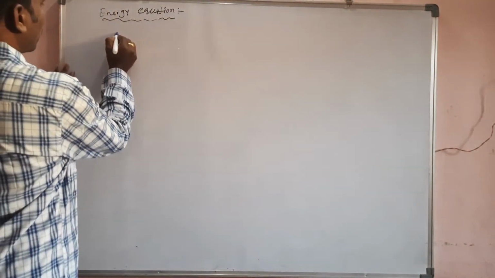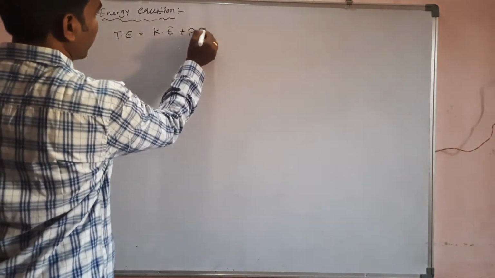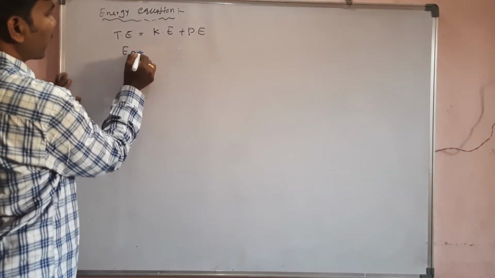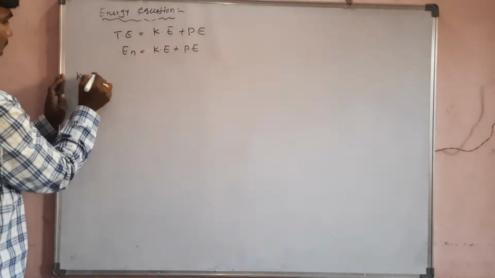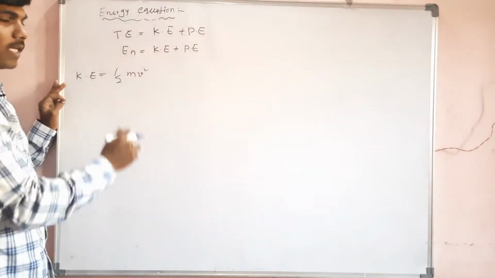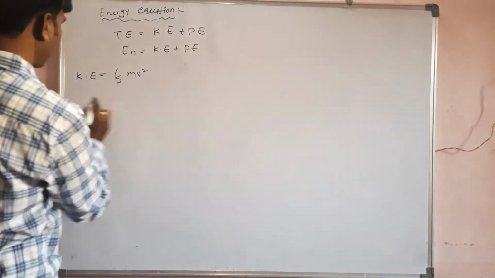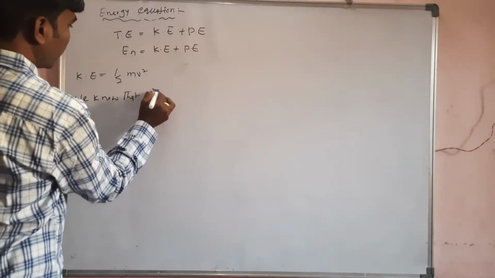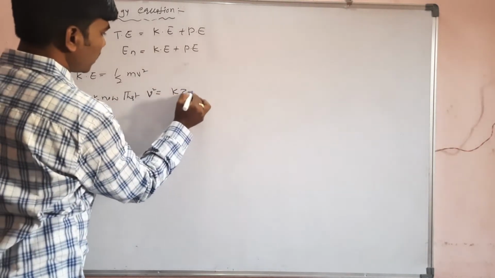So here total energy is equal to kinetic energy plus potential energy. Total energy En is equal to kinetic energy plus potential energy. We know that the kinetic energy equation is KE equal to half mv square, where m stands for mass and v stands for velocity of the electron. Here v square is equal to kZe square by mRn.